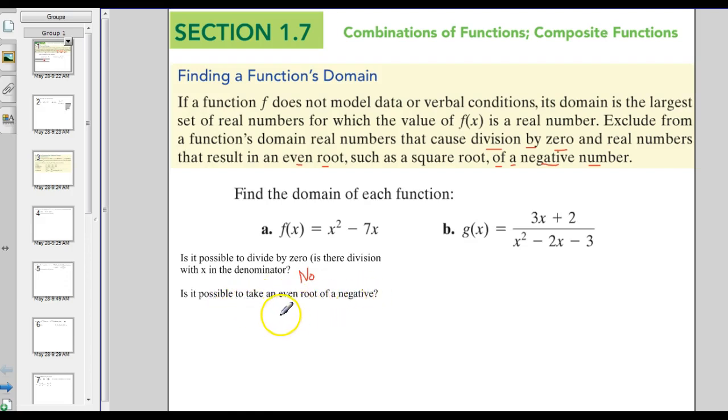No, there's no root symbol at all, so I don't have to worry about taking the square root of a negative. Since we don't have an even root and we don't have division at all, we don't have any restrictions that we've discussed so far. So the domain for this function is negative infinity to infinity. There are no restrictions.